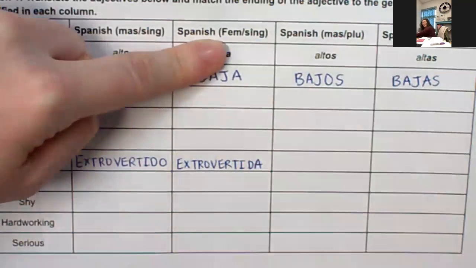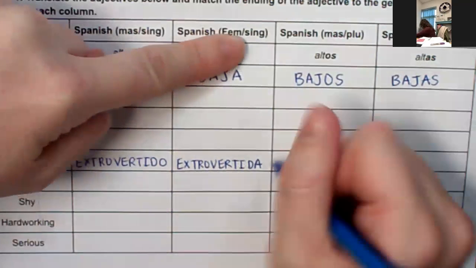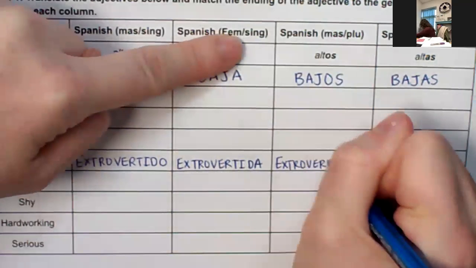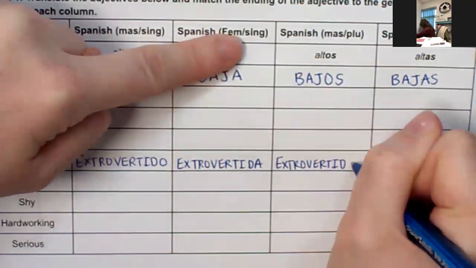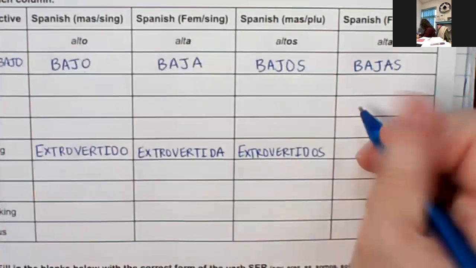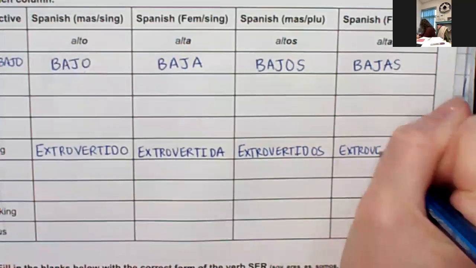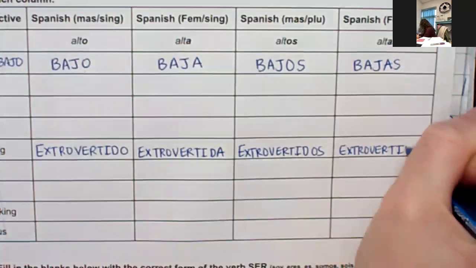So ending with an A. Masculine plural, extrovertidos. And then feminine plural, extrovertidas.